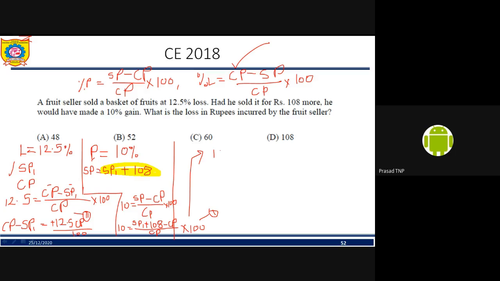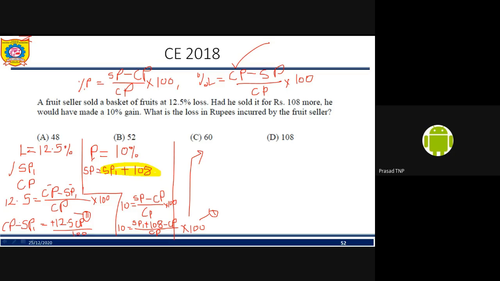So this is 10 is equal to, so here we have to write cost price minus selling price 1. Just a moment. Actually, in equation number 1, we have selling price minus cost price, SP1 minus CP.